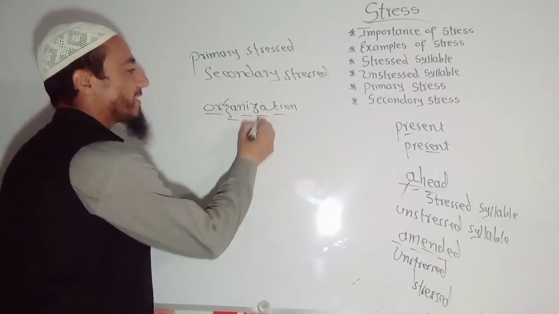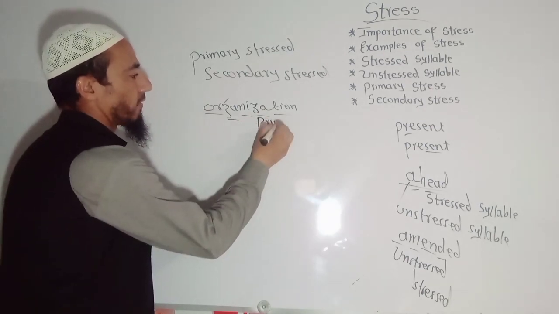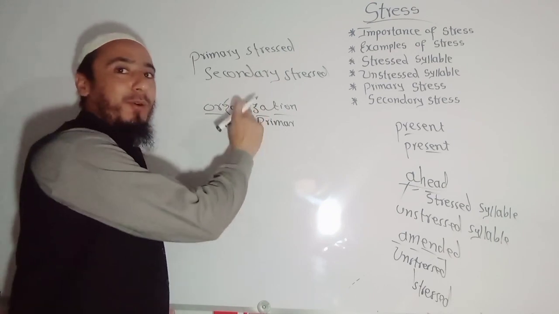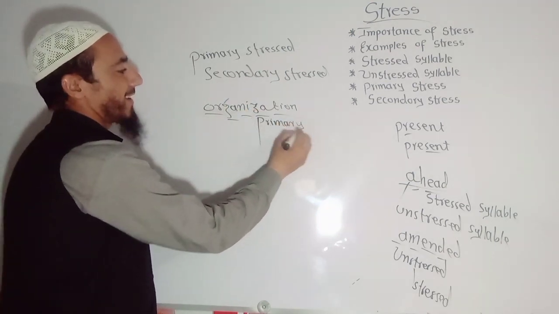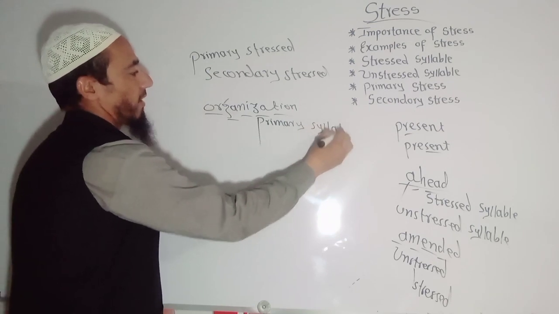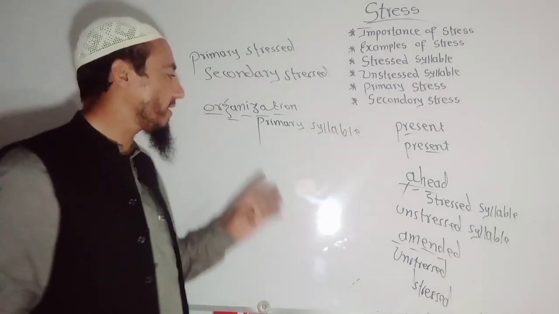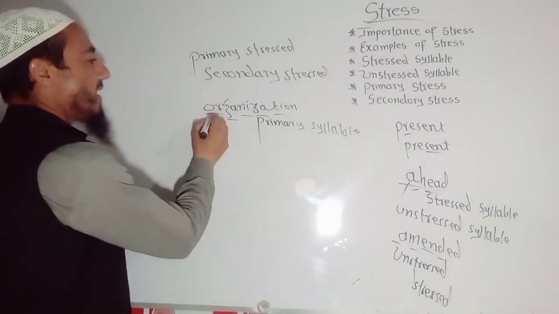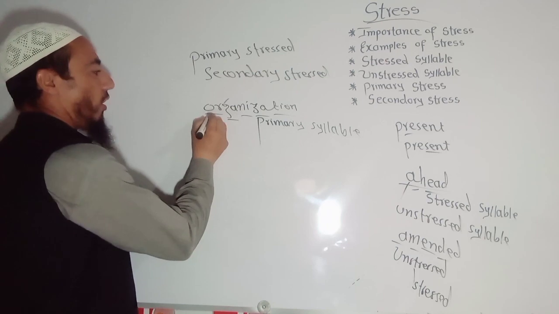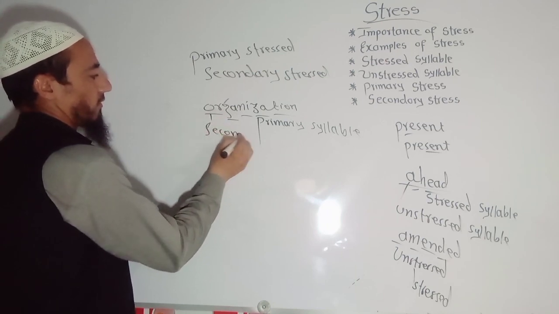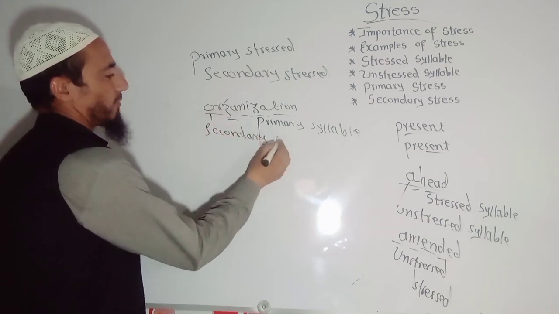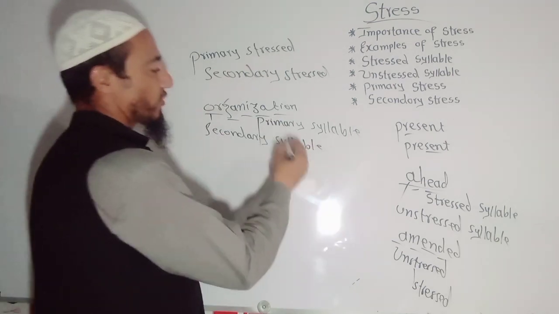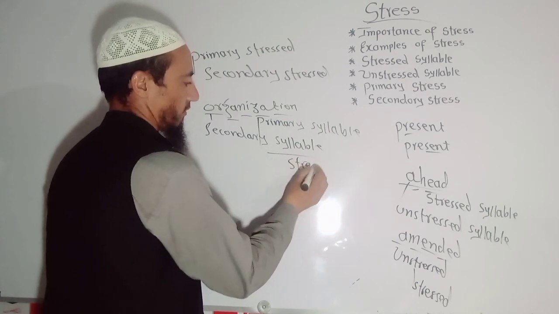So here we see the primary syllable, and the fourth syllable is the primary syllable, because here the stress is given. Organization. And this is known as the secondary syllable, or secondary stress, I should write stress.